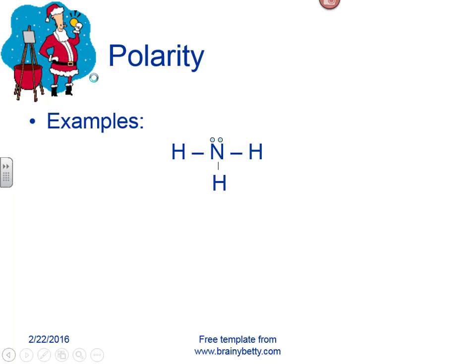There are 3 bonds to check here, but they are all the same. So we just need to subtract once. The electronegativity difference turns out to be 0.9. So what kind of bonds does this have? Polar.